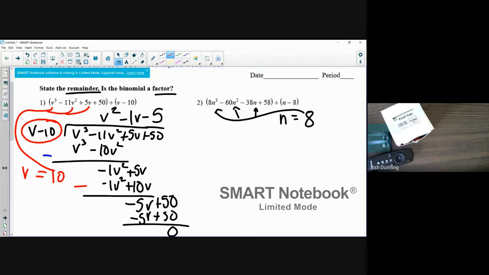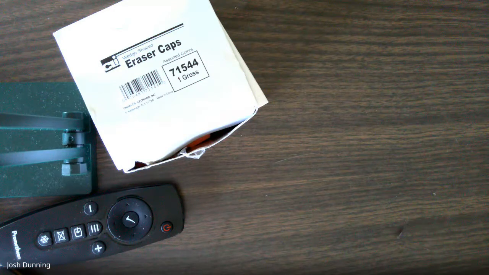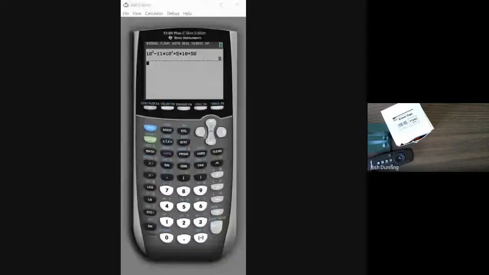That will give me the remainder. That's what the remainder theorem is. All right, so we got 8n cubed.